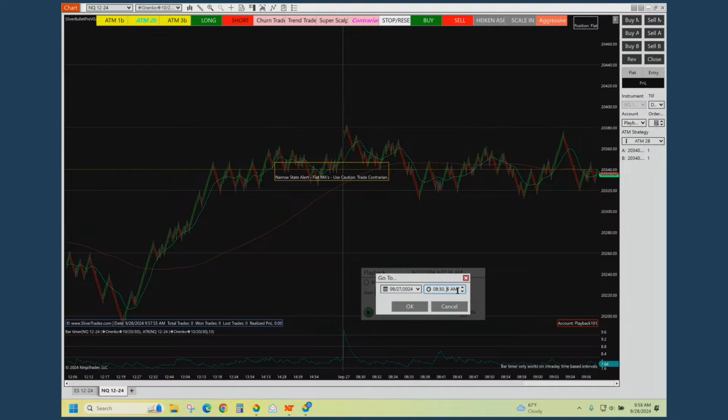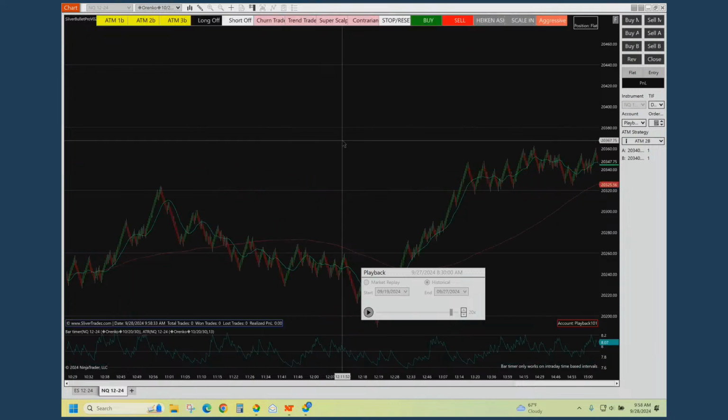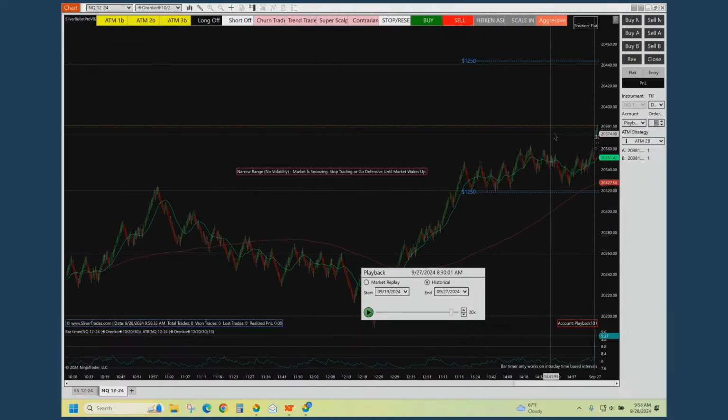So here is the market open. Again, set at 8:30. So market opened here. I'll use the same ATM, which means two contracts.